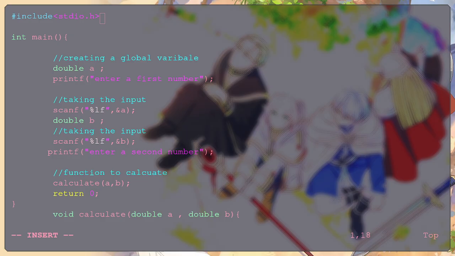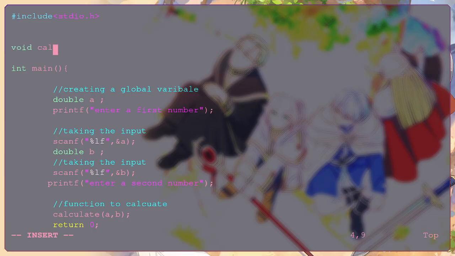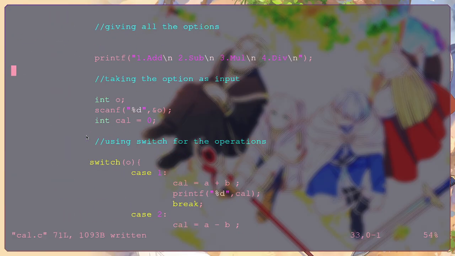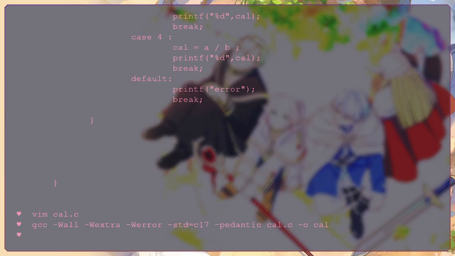So here it is, I just need to define it. Void calculate, double A comma double B, increment double A double B. Now it will work. Wait. Yes.